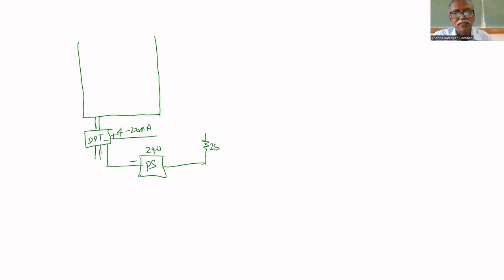A 250 ohm resistor. That is the load. This is the experimental setup in the lab. The 24-volt power supply, DP transmitter and 250 ohm are all connected in series. How many wires are used here? Only 2 wires. Power supply, load. This 4 to 20 milliamps has to be given at 250 ohm.